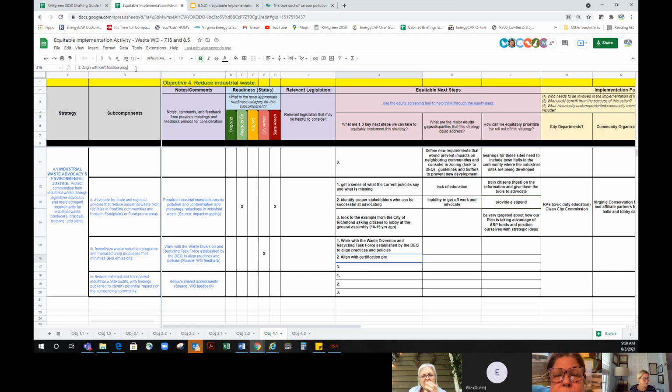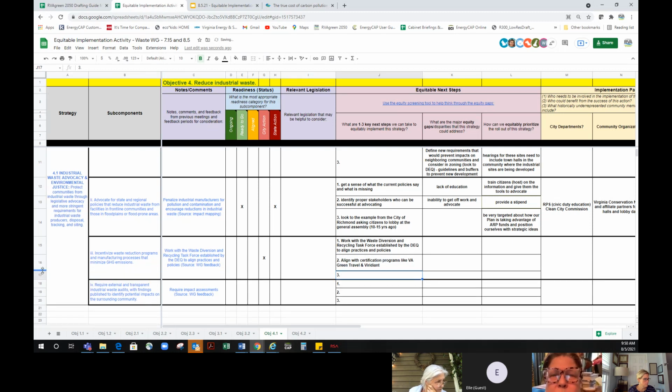Align with certification programs like Virginia Green Travel and Veridiant, which is a larger business, not a travel group, that does that work. There's also another one. Oh gosh, it was before LEED. It was right around when LEED became the standard for green.